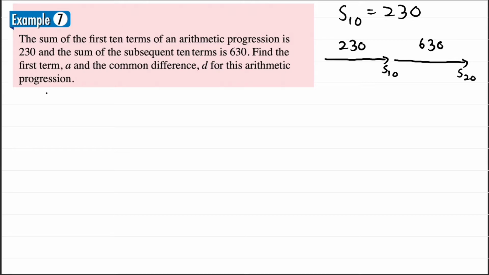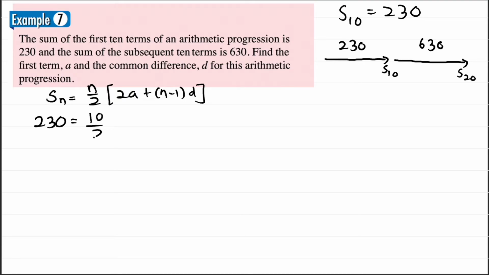So you have the formula again. Sn sama juga dengan N over 2, 2A tambah N minus 1D kan. So kita masukkan S10 kita adalah 230 sama juga dengan 10 per 2, 2A tambah N tolak 1 kan.